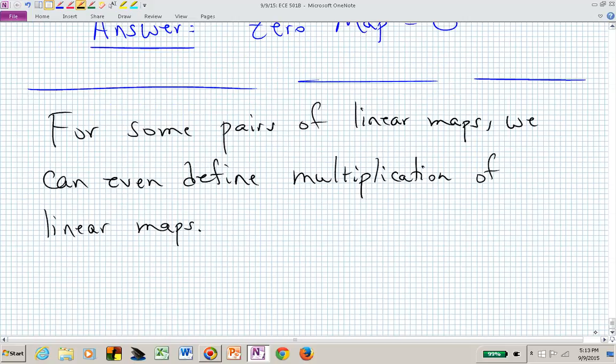And I think what this should start triggering is that a lot of times these linear maps, especially when they're from n-dimensional vector spaces, can be equivalent to matrices.